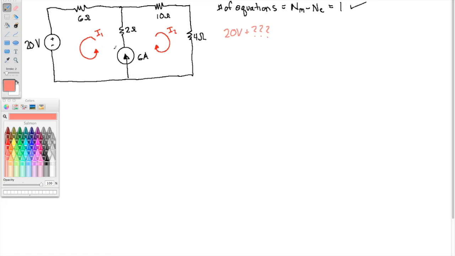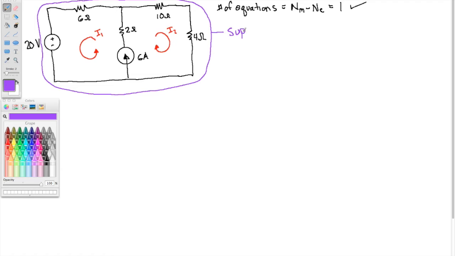So what we're going to do is, let me erase that, we're going to combine the two meshes into one. And I'll show that in purple here. We're going to go this way. We're going to combine the two meshes into one mesh, and this thing is called a supermesh.